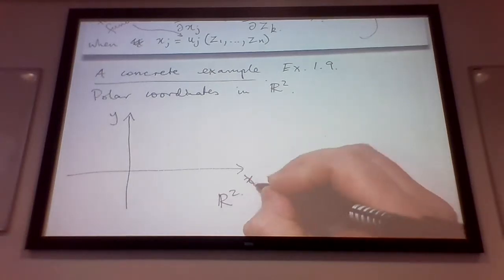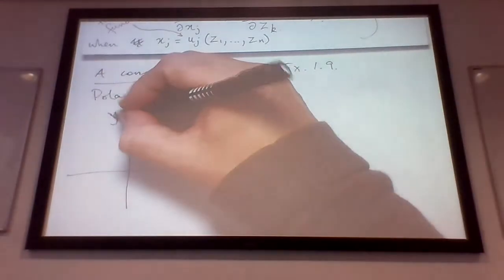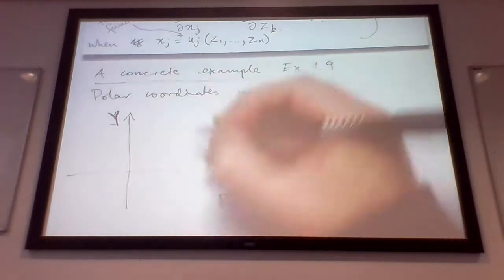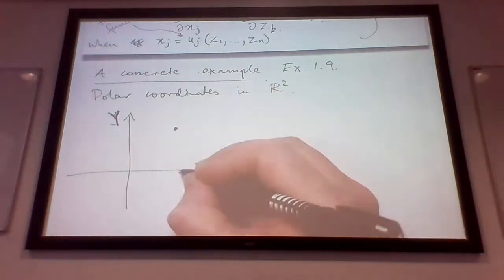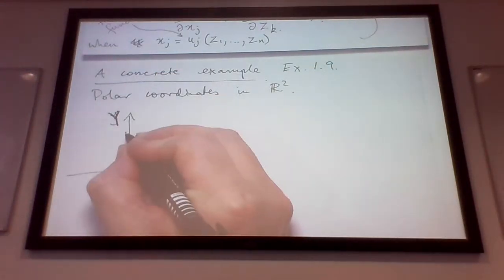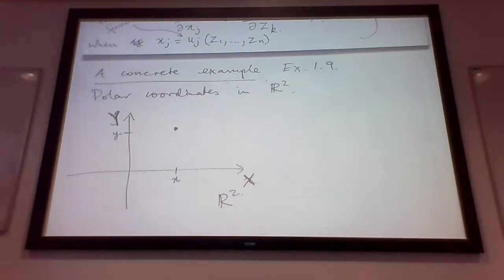Let's call this the capital X and capital Y axis. Any particular point will have its x coordinate and its y coordinate. With those two numbers, you can locate a particular point.